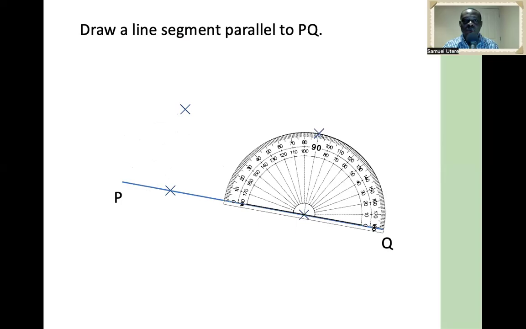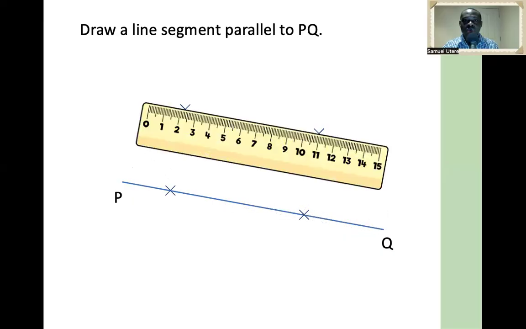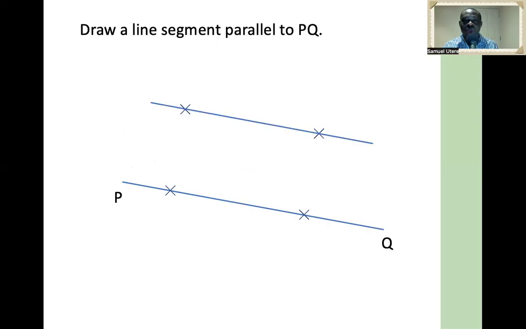Now, the next thing we'll do is we'll use a ruler to join both points. So at every point in time, the perpendicular distance from this line PQ to the other line will always be equal. But is that the only way we could draw parallel lines?